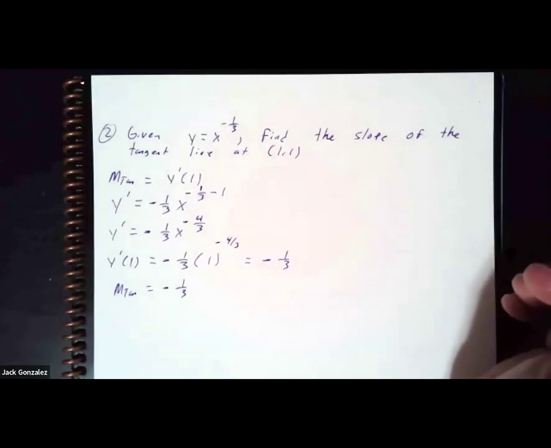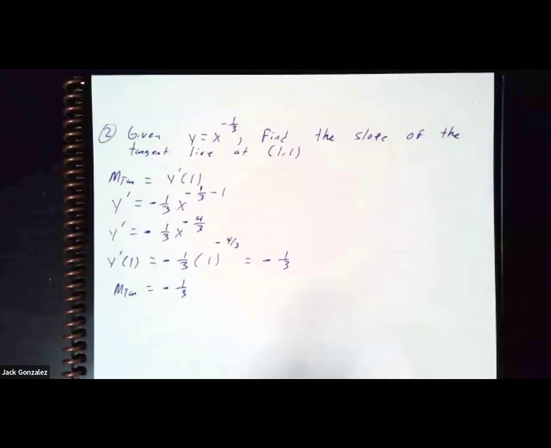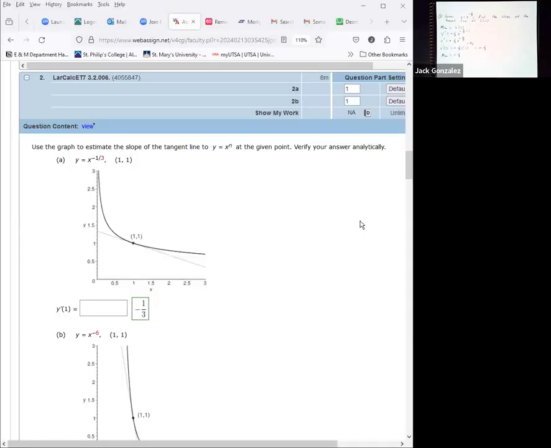Okay, but then that's it. That's the slope of the tangent line. Any questions on the first example? That's why they get negative 1/3 here. Take a derivative using the shortcuts, don't use a limit, and then plug in 1.